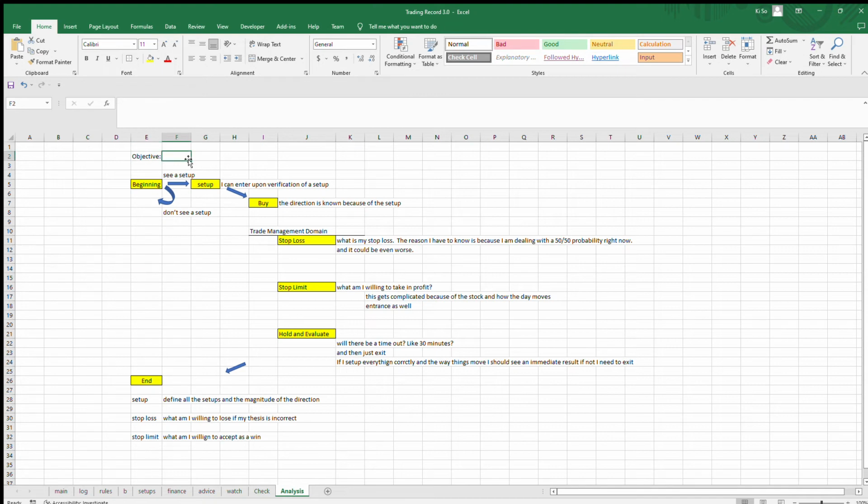What is my objective? Make 2R, 2 to 3R, and exit. And lose 1R and exit. Hopefully, make money and exit.